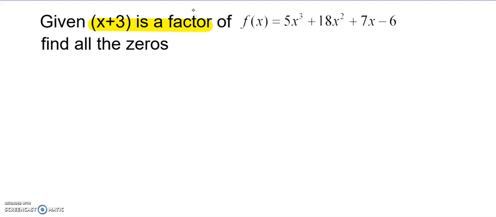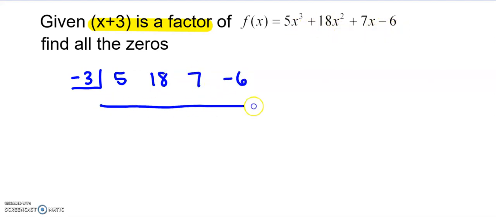So if I want to find the remaining factors, I'm going to synthetically divide, right? In this case, k is -3. I have 5, 18. I'm double checking that I don't have any placeholders here. Very good. Now, because we know that x plus 3 is a factor, what should this remainder be? We just talked about it.